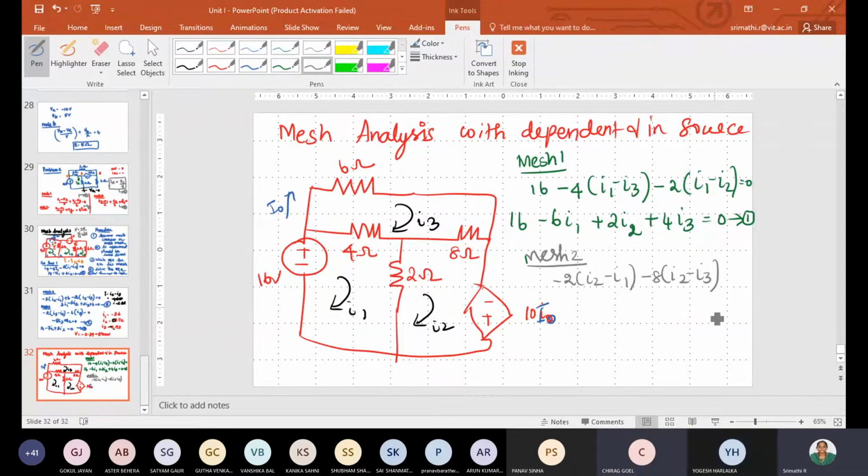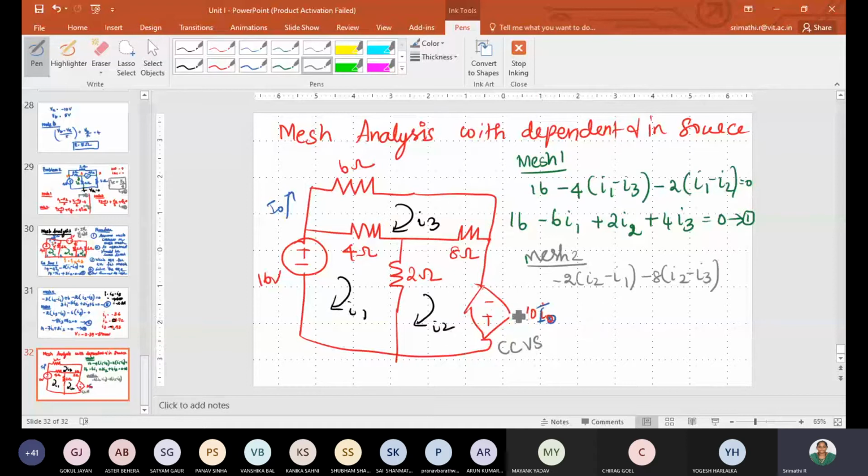Then what is this? Dependent source. What type of dependent source? Current controlled voltage source.